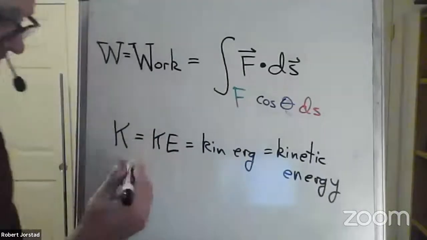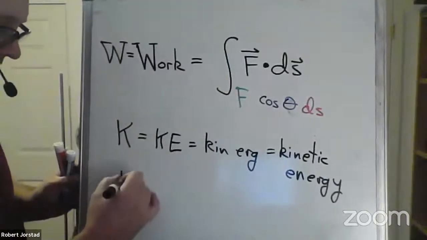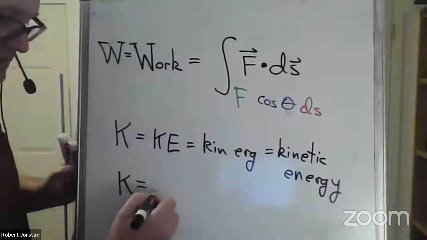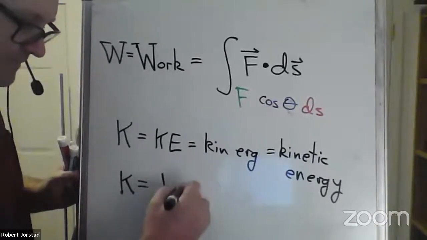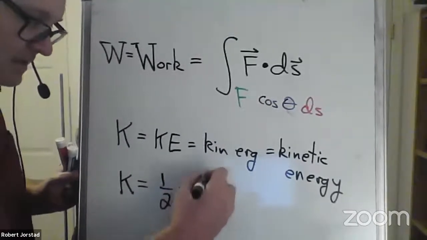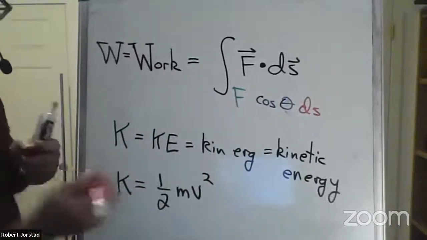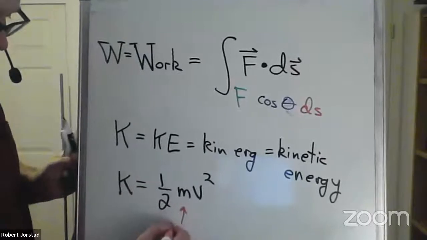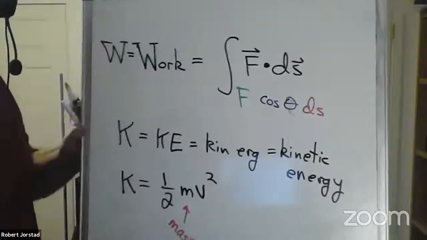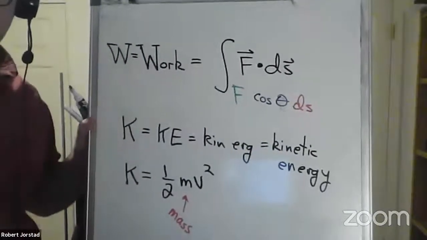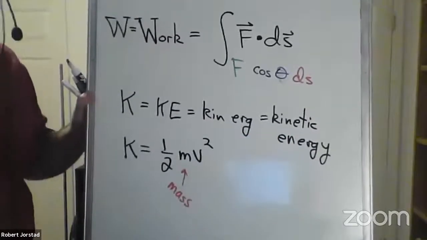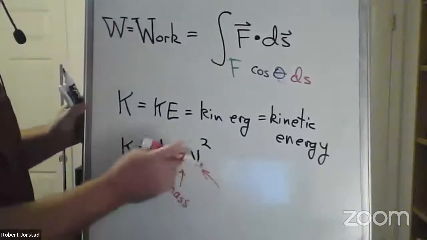And that gives us some inclination already that kinetic energy must relate to an object's mass and its speed. And in fact, it does in this unusual way. Here, this is mass. And notice there's no vector on here.